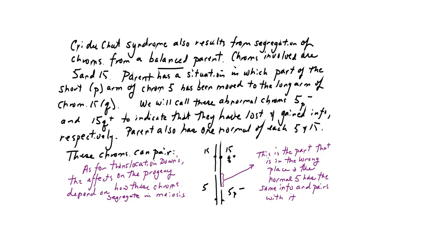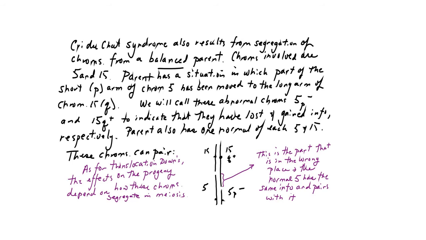Okay, so what I drew here is pairing between those two aberrant chromosomes. Just as before, chromosomes are pretty good at finding their homologs, pairing with them in meiosis. In this case, we have the normal 15 and the normal 5 pairing with their translocated counterparts, where the 15 part lines up with the 15 part, but it's got a little bit of extra information on its end, and that's the part that matches chromosome 5.